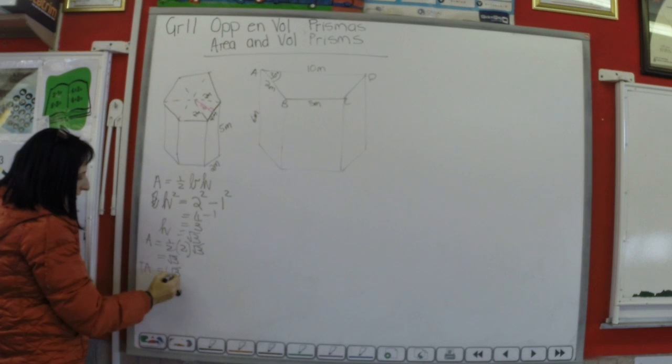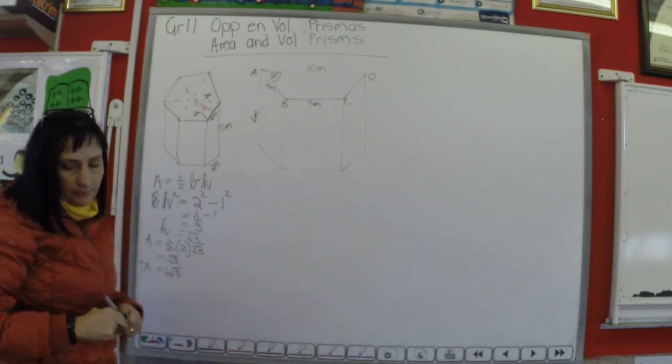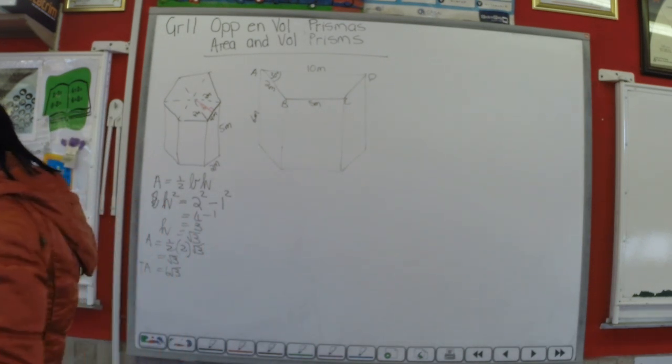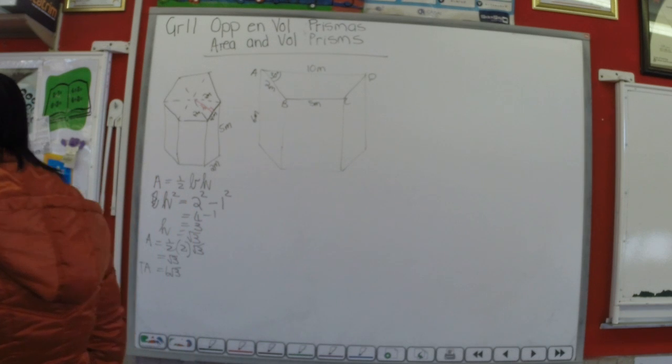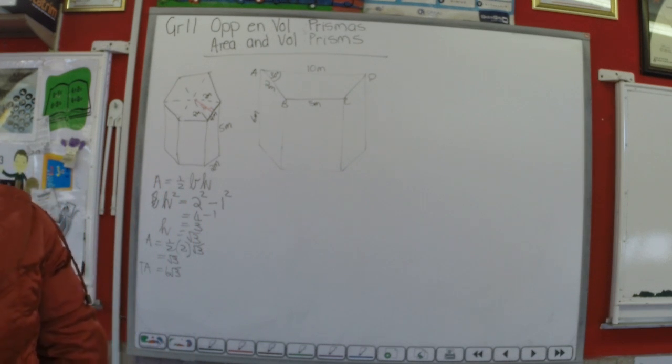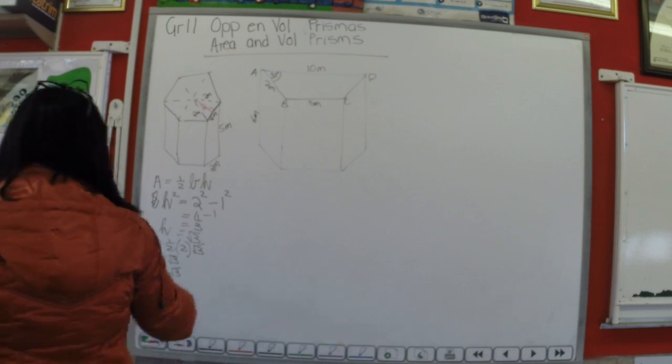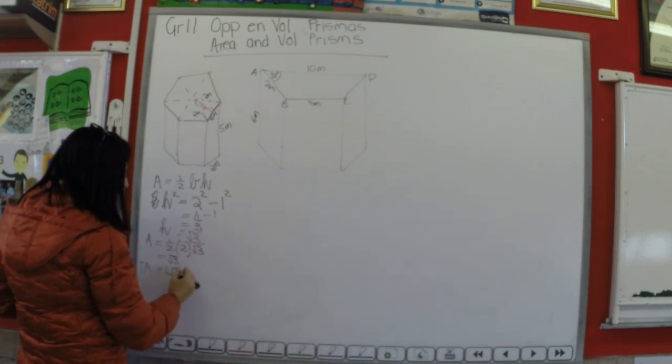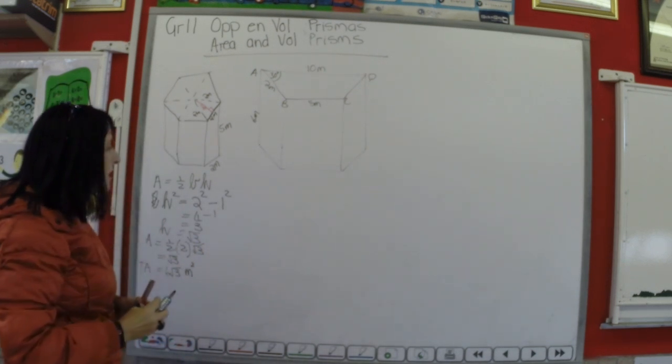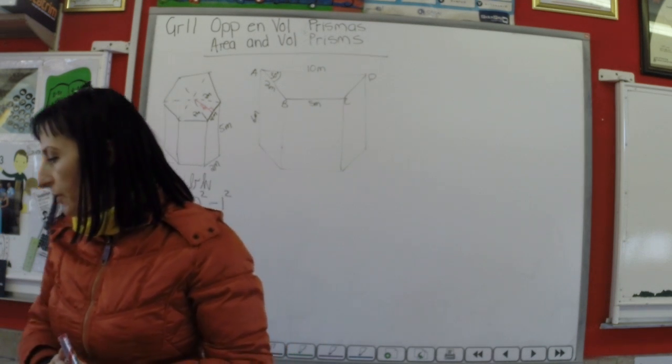So it's 6 root 3. That's the total area, and that's in meters. Don't forget your unit, that's meters squared, buite oppervlakte.